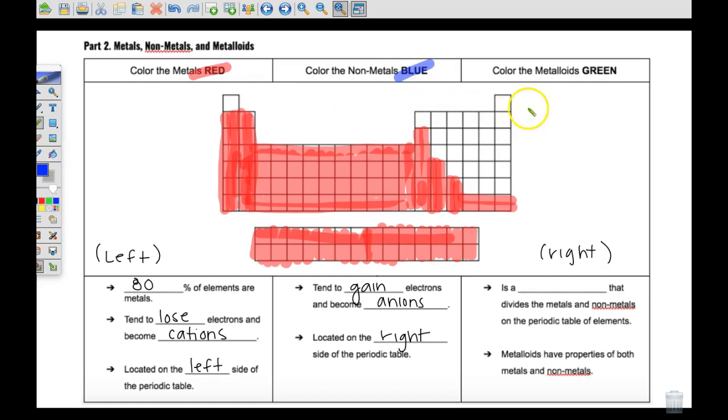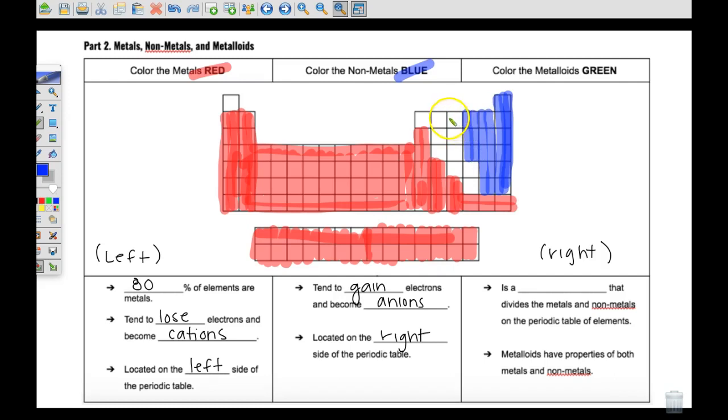So then let's work right to left. In column number 18, the furthest right-hand column, all of the remaining elements in that column are nonmetals. In column 17, all of those remaining elements are nonmetals. In column 16, only the top 3 are nonmetals.